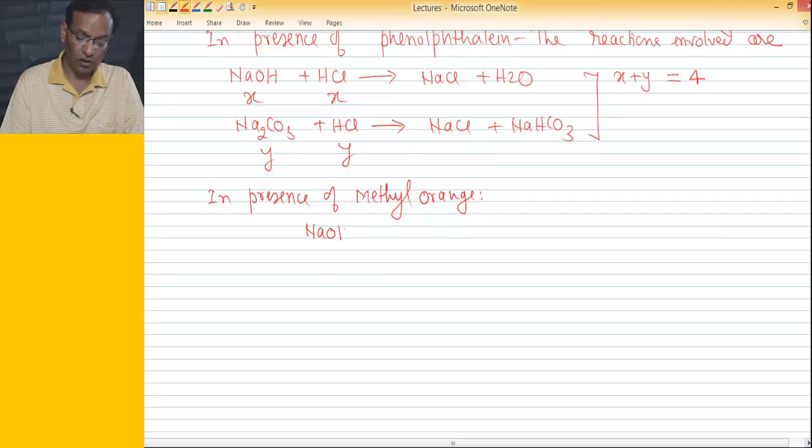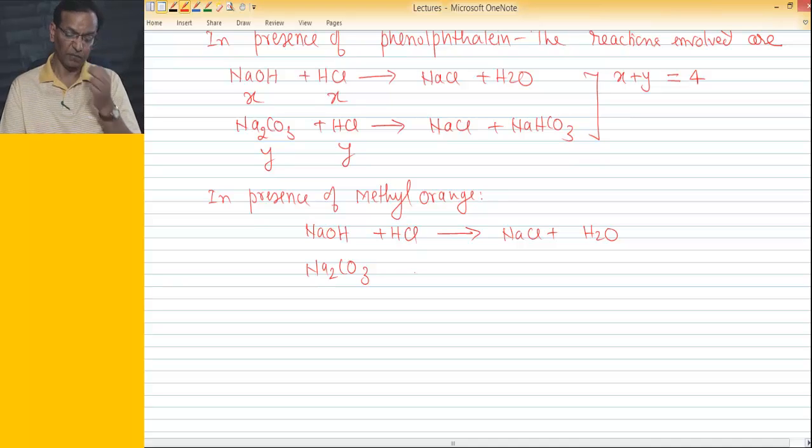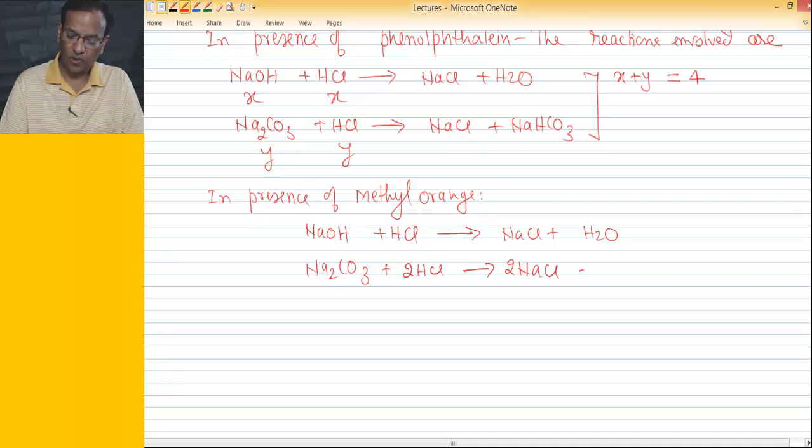NaOH would be neutralized completely to NaCl and H2O, and sodium carbonate would also be neutralized to 2NaCl plus H2O plus CO2.